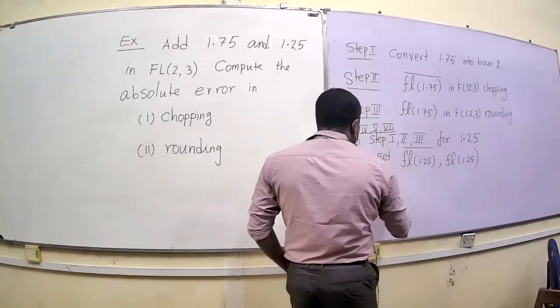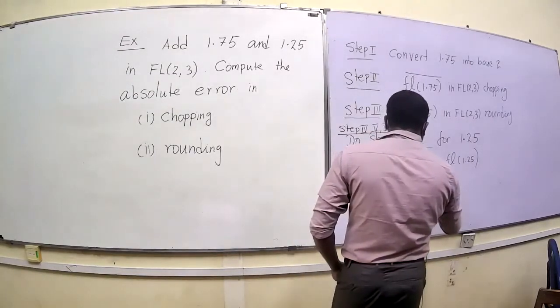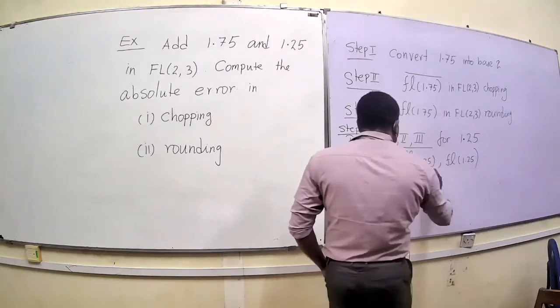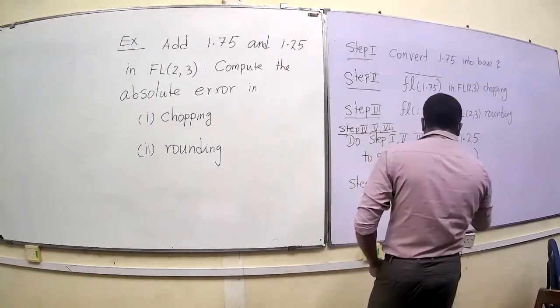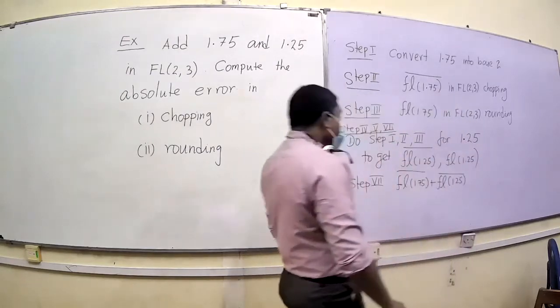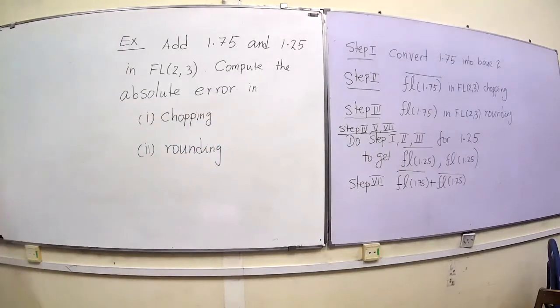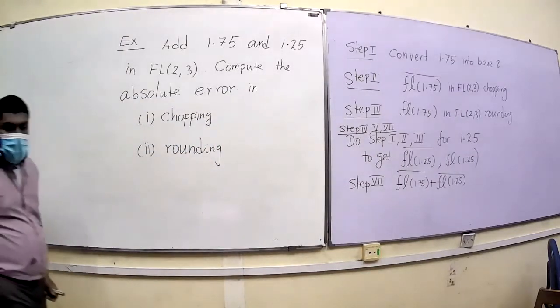So step 7, right? You add FL of 1.75 bar plus FL of 1.25 bar, that is in chopping.